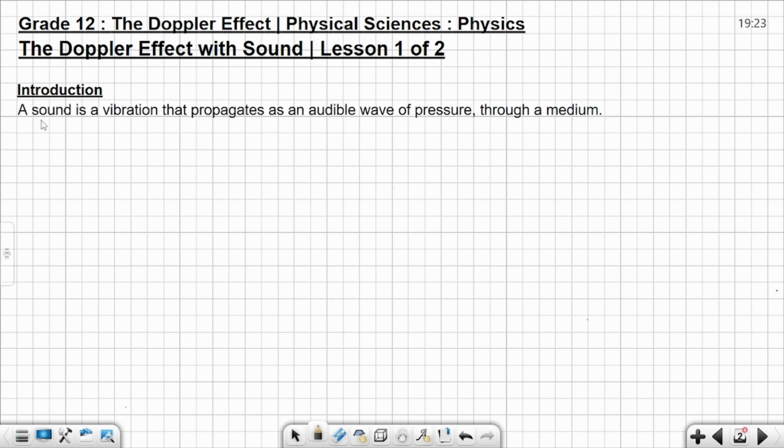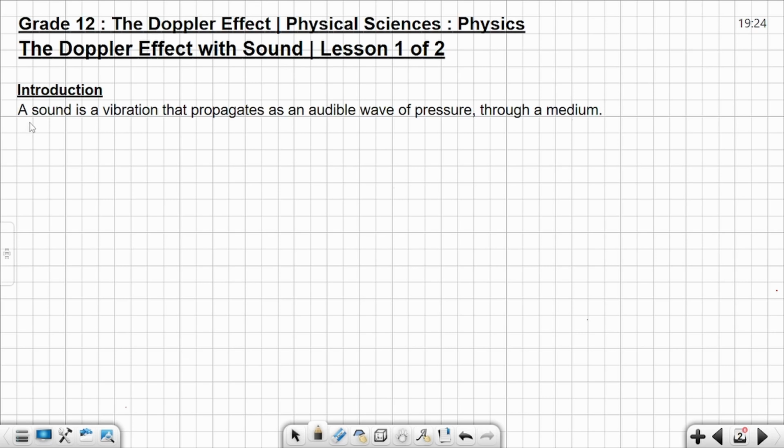What is a sound? A sound is a vibration that propagates as an audible wave of pressure through a medium. So as I speak, you can hear my voice because of vibration in my voice box. This vibration produces an audible wave which is propagating in all directions.